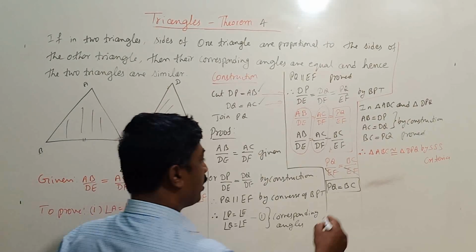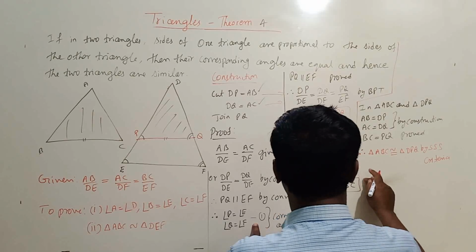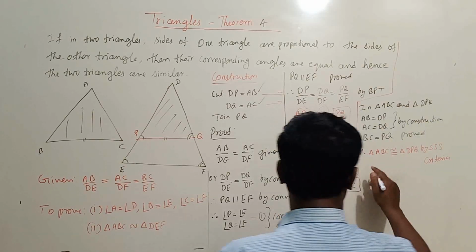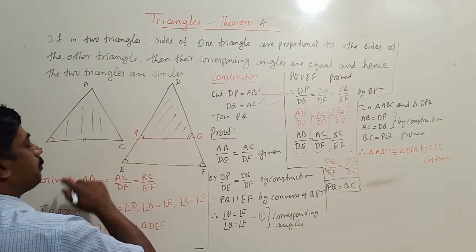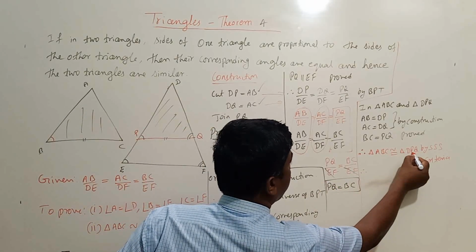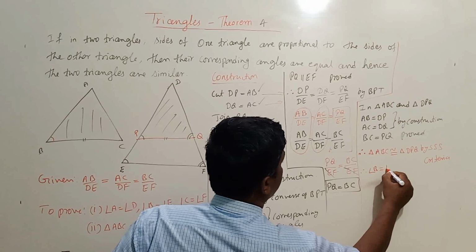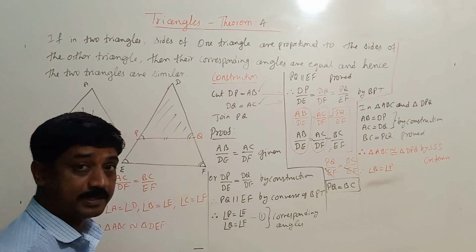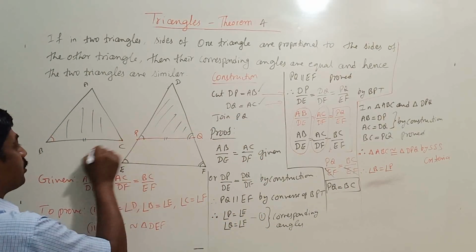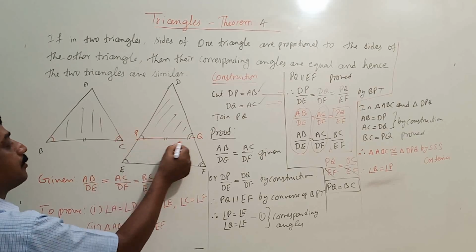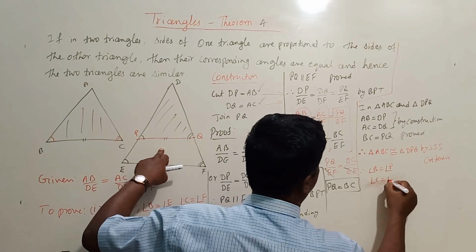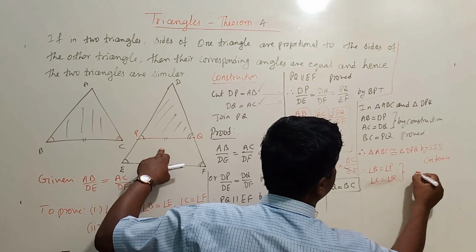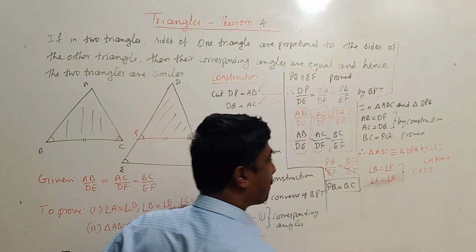Right here. So what am I going to write here? I have written here 1. So let me proceed here. So therefore, what am I going to write here? Angle B is equal to angle P, by CPCT. And after that, angle C is equal to angle Q. What are these? CPCT. Okay.